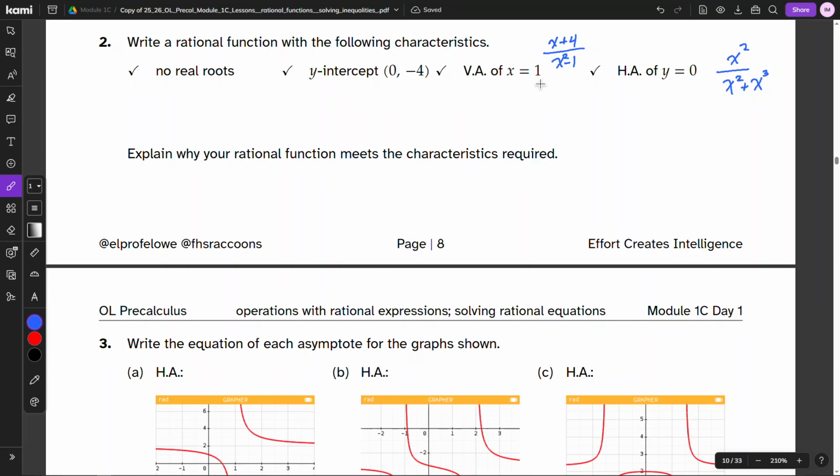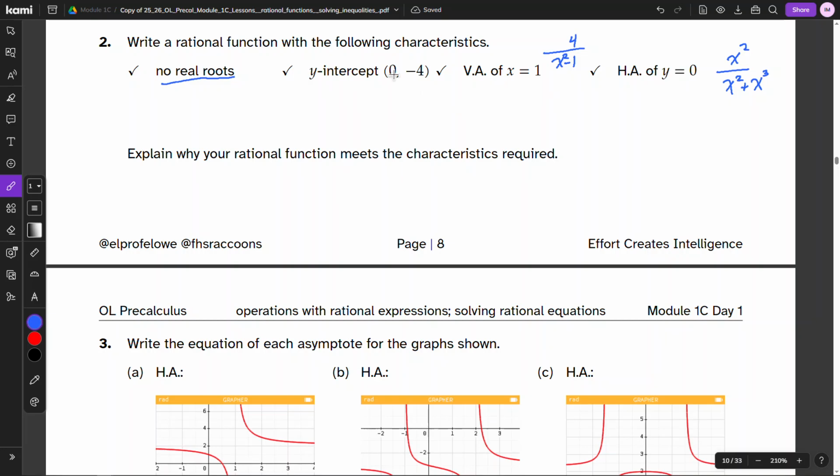Right? However, if I then come over here and I see I have no real roots, that means I can't cross the x-axis, which means my numerator can't be equal to 0. So the simplest thing that we'll do over here is say, hey, let me take the x away, and now I'll have no real roots because the numerator is never equal to 0. The denominator has a larger power, so I'll have a horizontal asymptote of y equals 0.